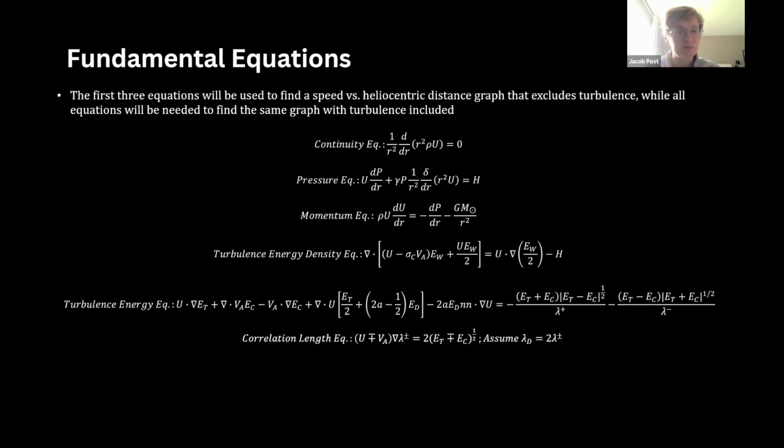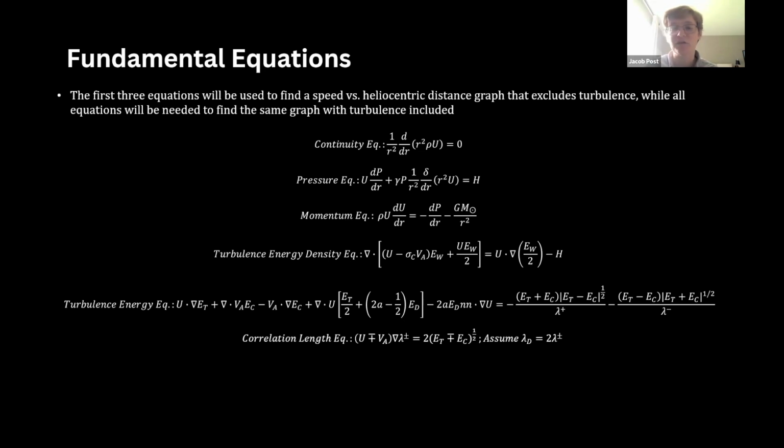And this will be the moment where I talk about my general strategy for going about my research. In order to see how turbulence affects solar wind, I split my research into two different scenarios. One scenario covers an instance in which there is no turbulence pressure applied to the solar wind, so that will act as a baseline for the research.